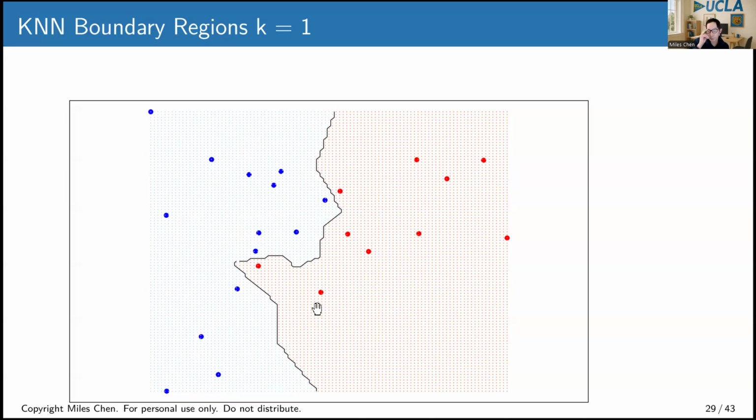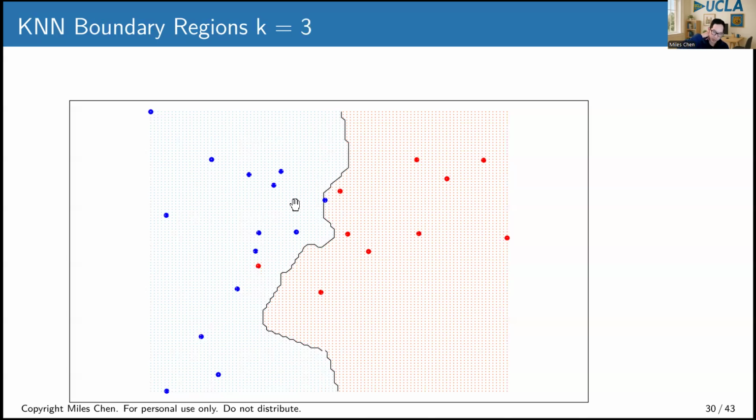And I repeated this process, where we have this grid of points, and for every single point in the grid, I asked, what are my three nearest neighbors? And depending on the three nearest neighbors, how would you classify each dot? And this is the resulting boundary that we see. And here it is for k equal to 5. And here it is for k equal to 7.